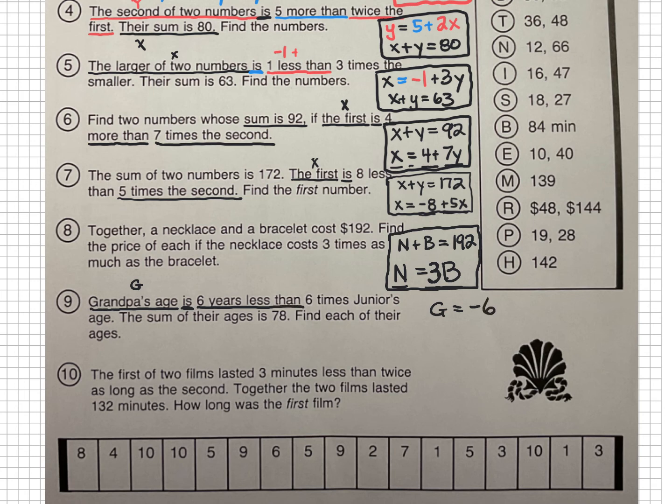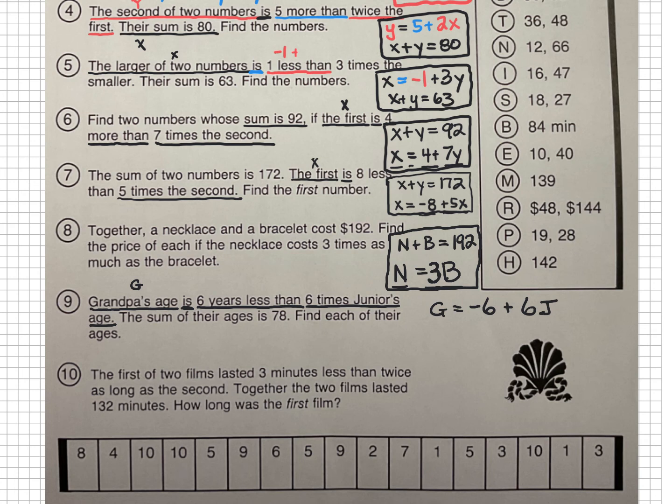We don't even know what we're subtracting 6 from yet, but it's going to be 6 years less, or -6. 6 years less than 6 times Junior's age, plus 6 times Junior's age.